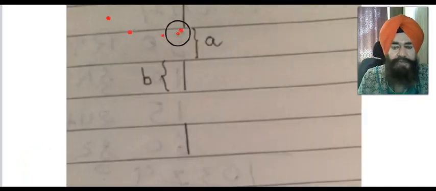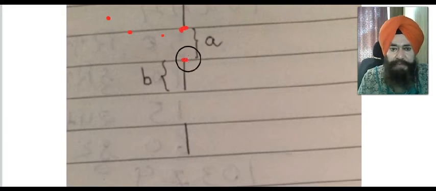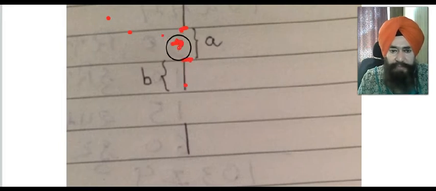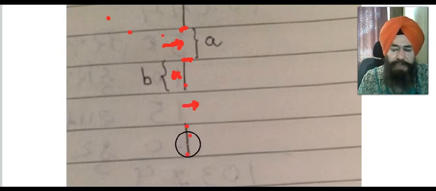Now I will discuss with you what a grating element is. Now this is an opening, and this is the opaque portion. Light can pass through it, but it cannot pass from here. Again the light can pass through this portion, and again it is an obstacle, an opaque portion.